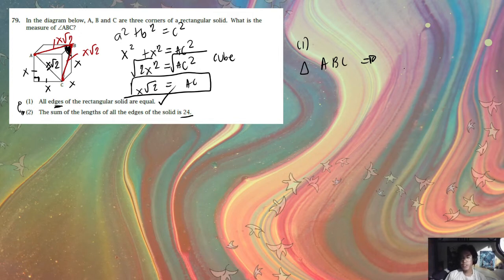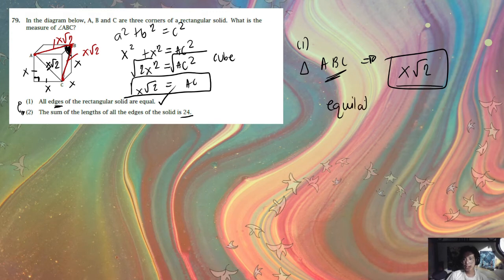Based on our givens, all of their side measurements are the same. And the type of triangle that has all side measurements equal is an equilateral triangle.